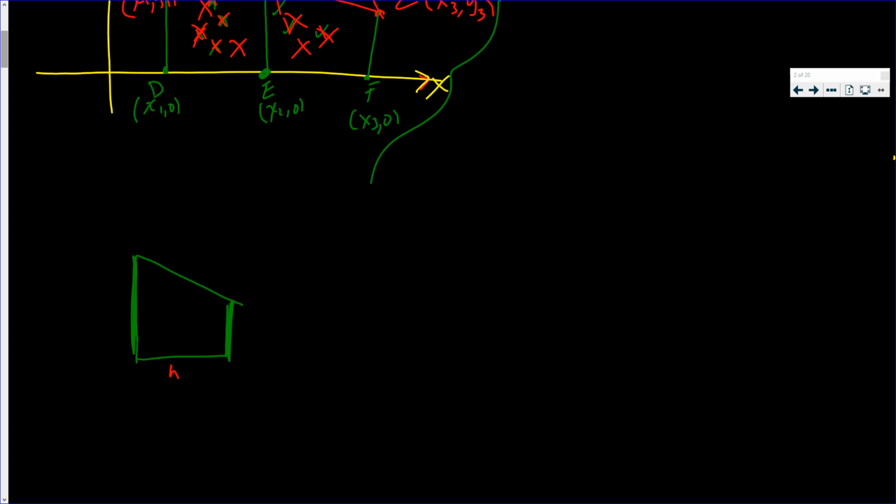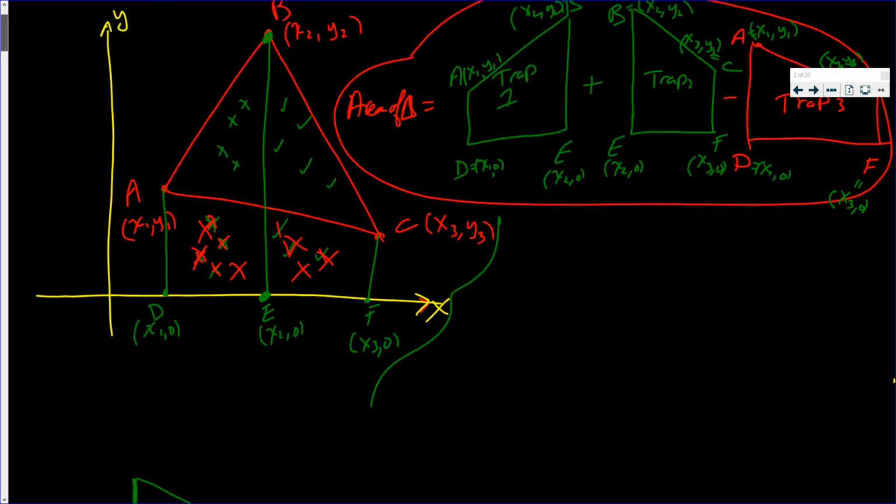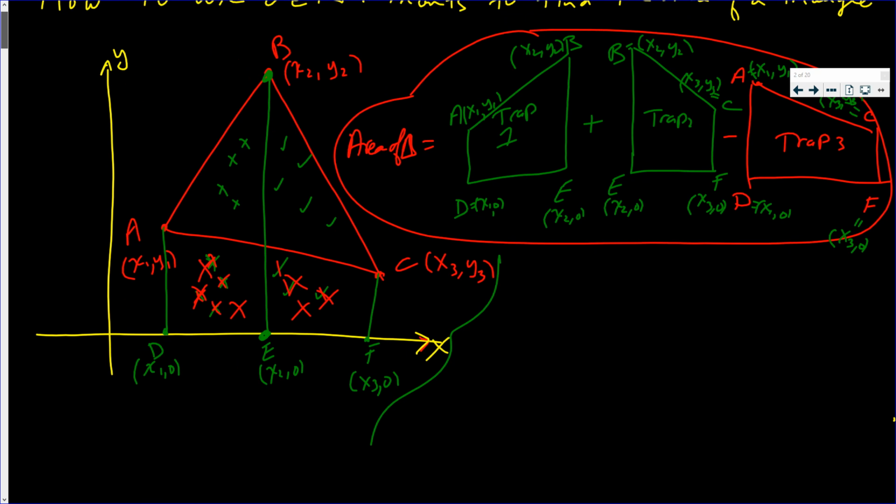This is the height, and these are the bases, base 1 and base 2. The area is 1/2 times the height times the sum of the two bases. Okay? So let's go right ahead.